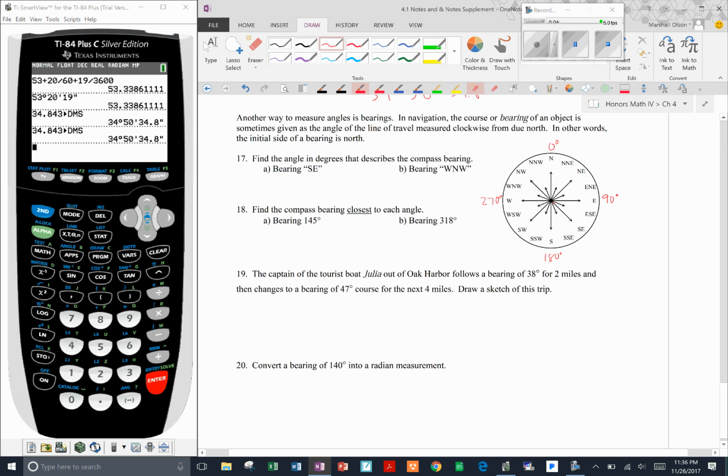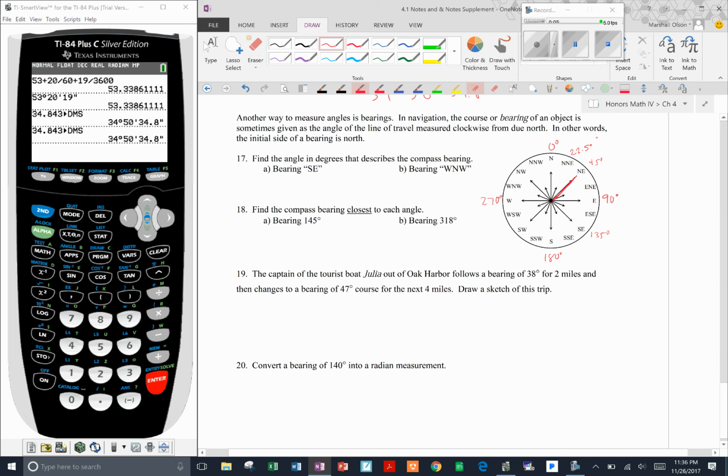Halfway between our cardinal directions would be 45 degrees. So this is 45, this is 135, and so on. And then halfway between those would be 22.5 degrees. I'm just going to use that to help me calculate some other values here.